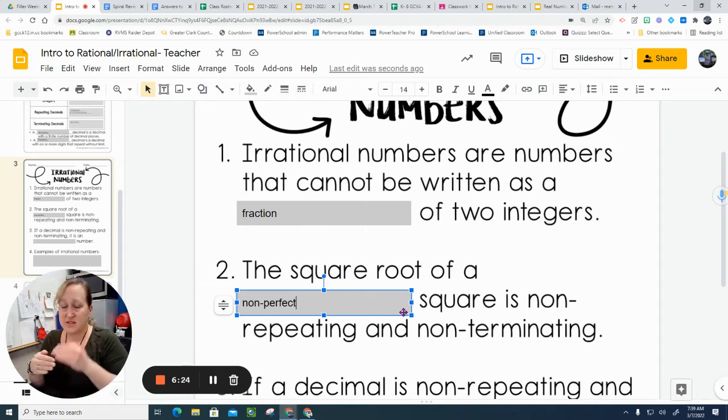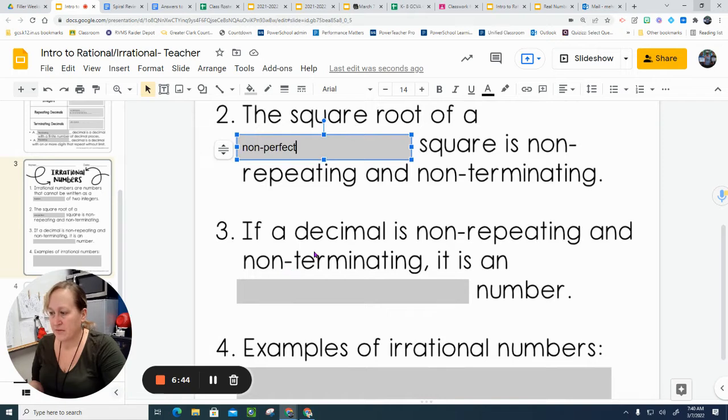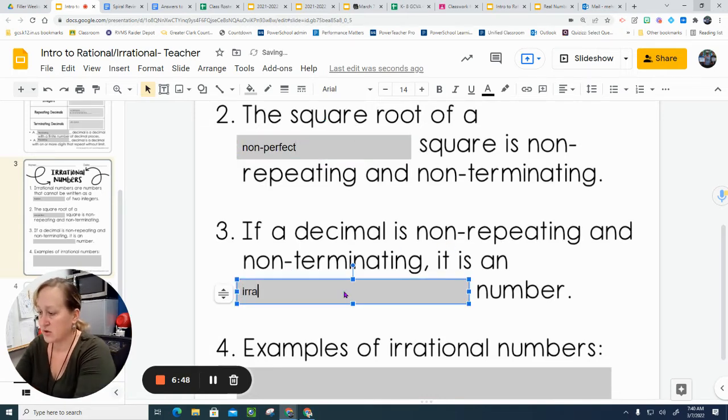This means that it doesn't have a repeat like 0.33333 or 0.1212121212. It does not repeat, and it never ends. So it just keeps going and going. So these non-perfect squares are going to be irrational. They're hard to explain. If a decimal is non-repeating and non-terminating, it is an irrational number.